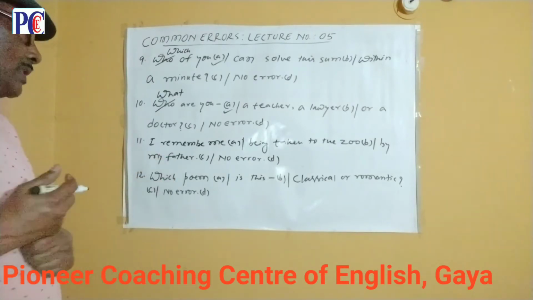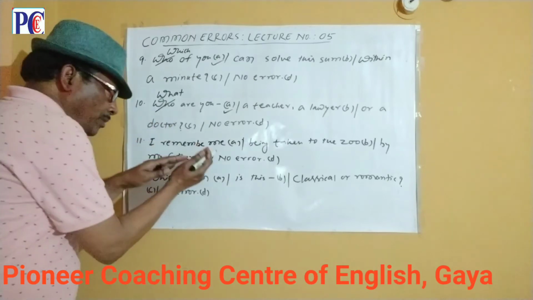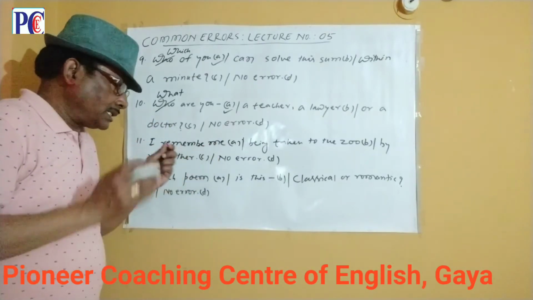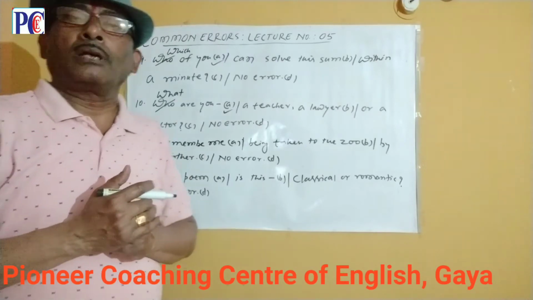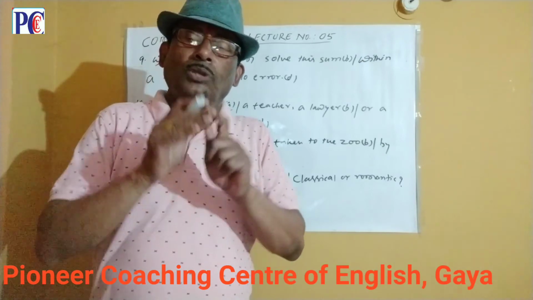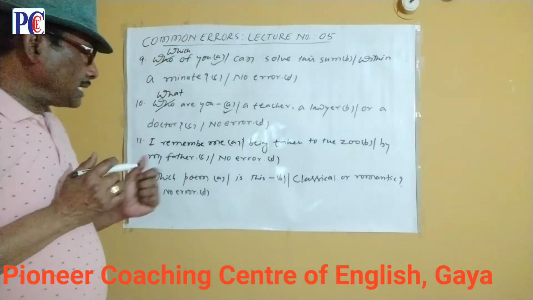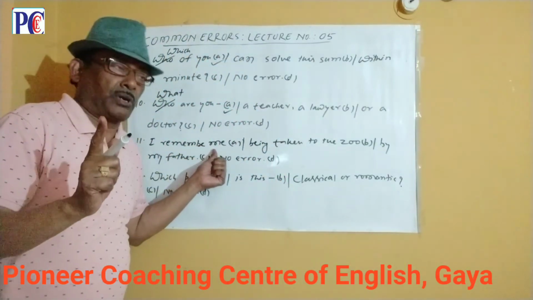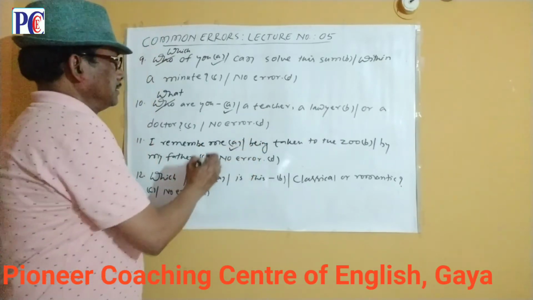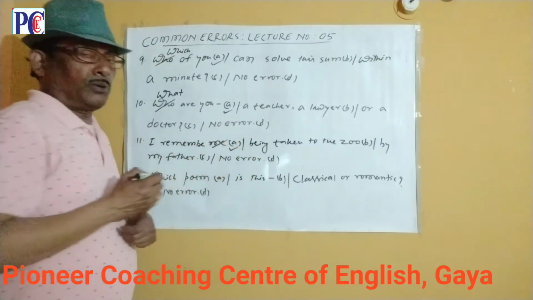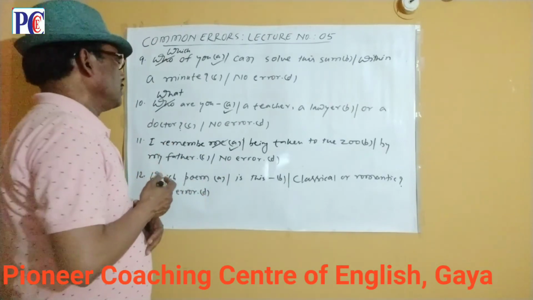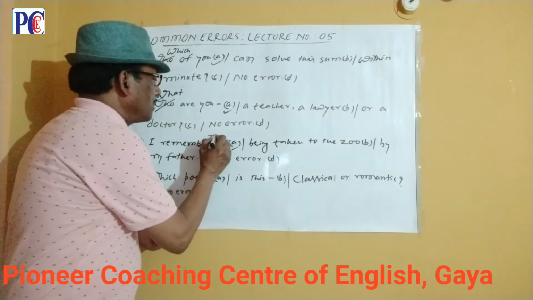In sentence number 11, I remember me. Now mark, the subject and the object are the same person. Whenever the subject and object in a sentence are the same person, the object cannot be in the objective case. It must be a reflexive pronoun. So students, the error lies in part A. This objective pronoun me must be replaced by its reflexive one, that is myself.